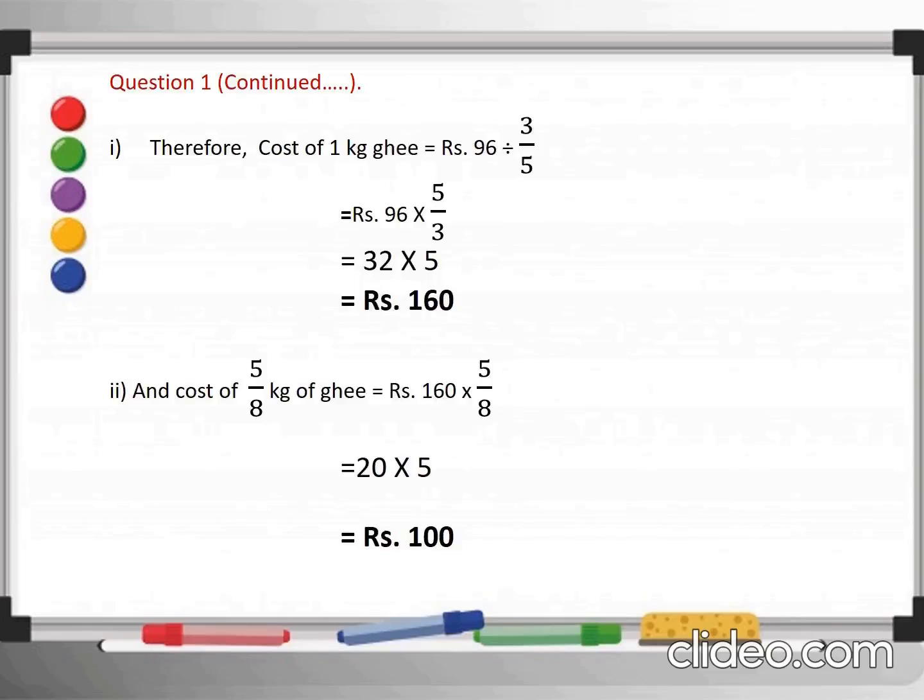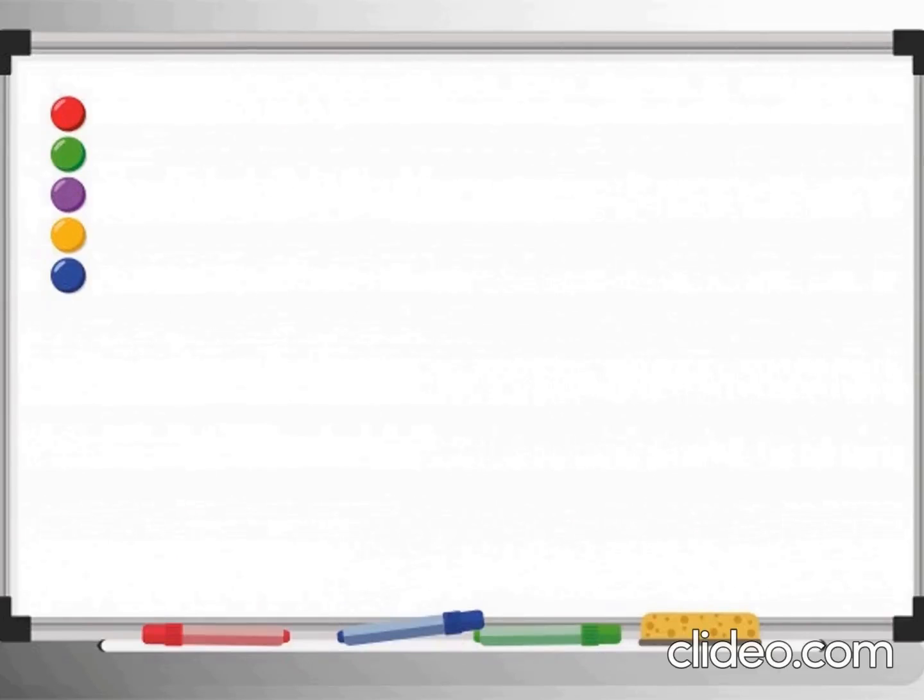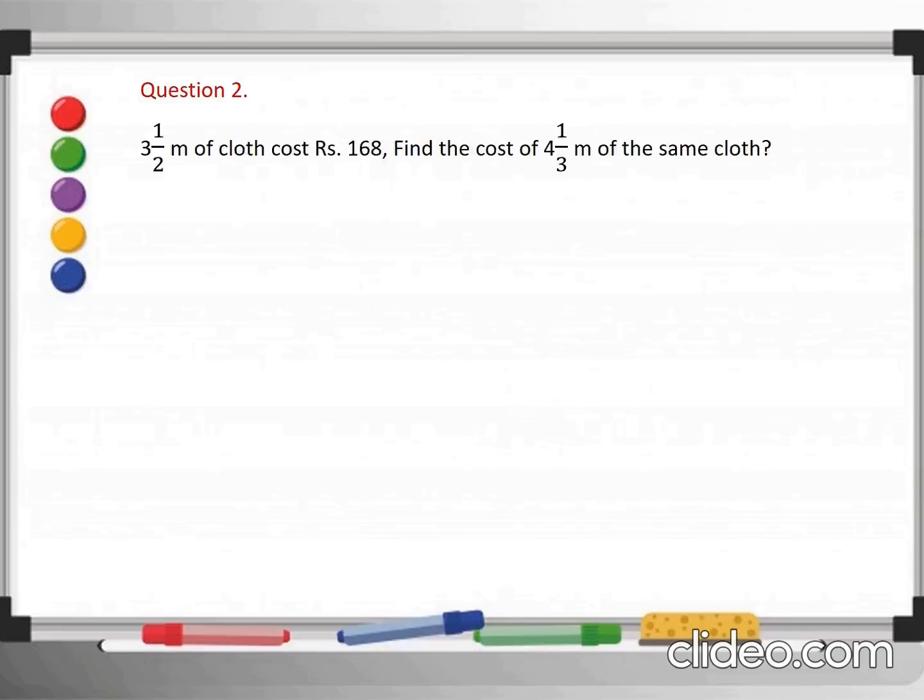Now next question. Question number 2. 3 1 upon 2, that is 3.5 meter of cloth cost is 168 rupees. Find the cost of 4 1 upon 3 meter of the same cloth. So cost of 3.5 meter is given.